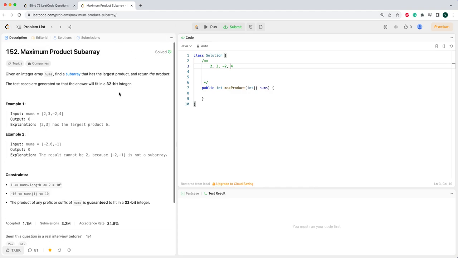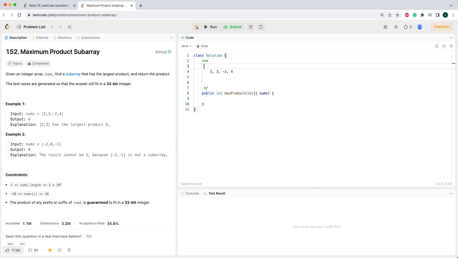So to be able to find the maximum product of a subarray, let's say the subarray is ending at some index. A subarray could be ending at the 0th index, at the first index, second index, third index, right?